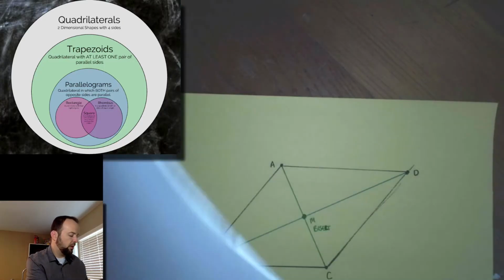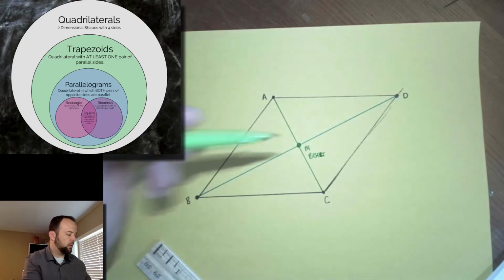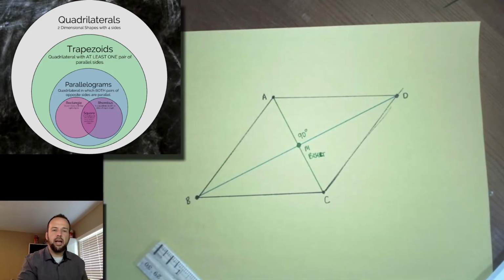Interesting. And same for the other ones. It's a 90-degree angle. So that's pretty cool. There's actually a special name for this. Because they intersect at that 90-degree angle, we call these a perpendicular bisector. Perpendicular is when something crosses at 90 degrees, okay?